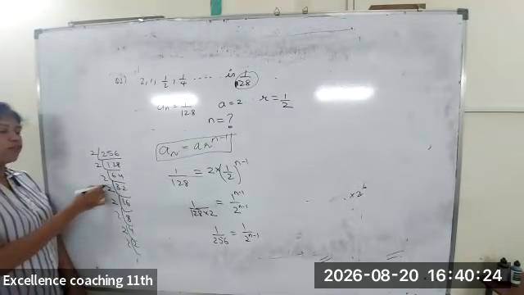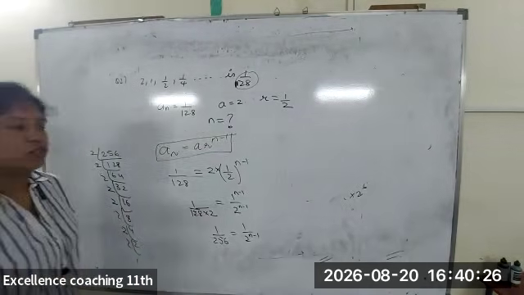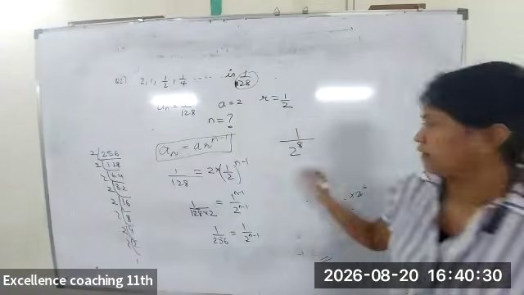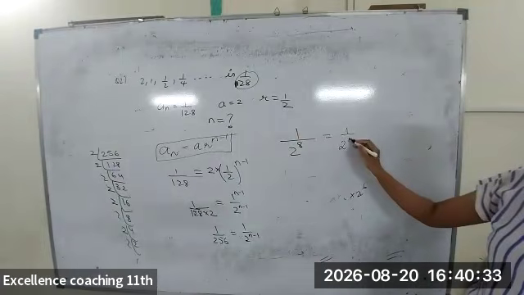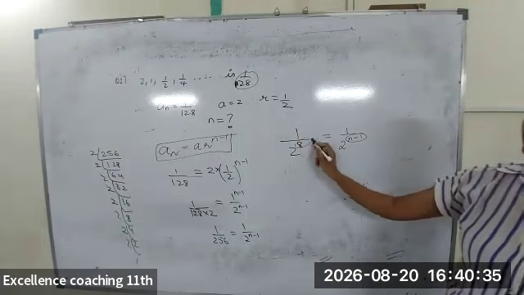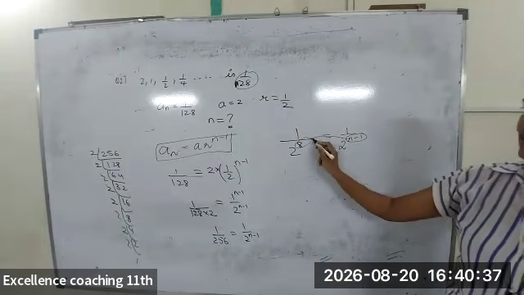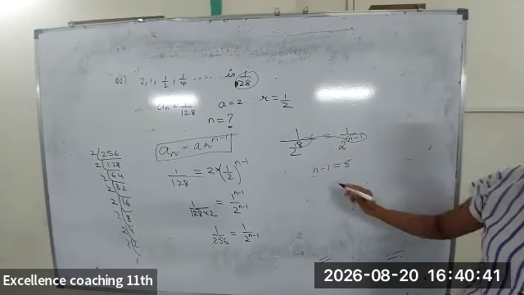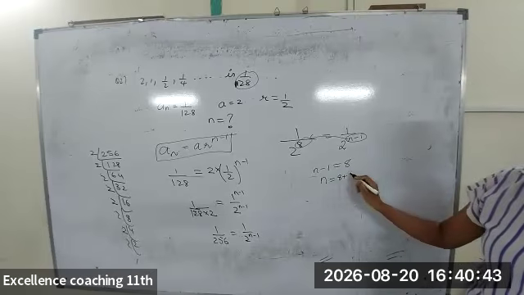One, two, three, four, five, six, seven, eight. So you have to write it in terms of powers: 2 raised to 8. You have 1 upon 2 raised to n. Now equate this because the base is the same. So n minus 1 equals 8, so n will be 9. That's the answer.